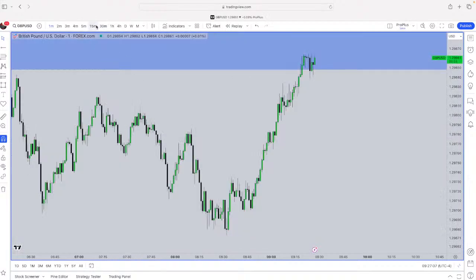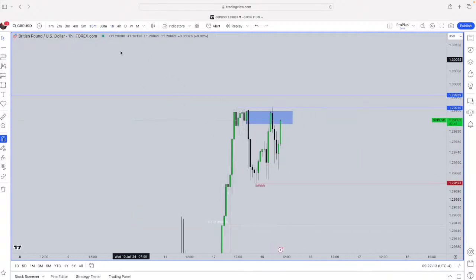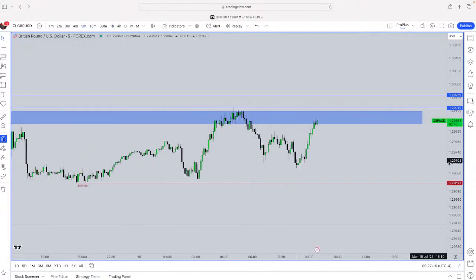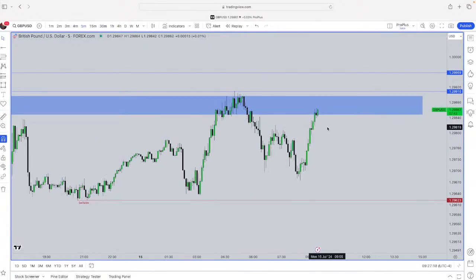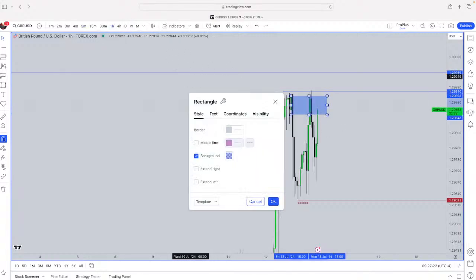What, for a short or for long for you? Just going to remove most of the stuff, make it a little neater.